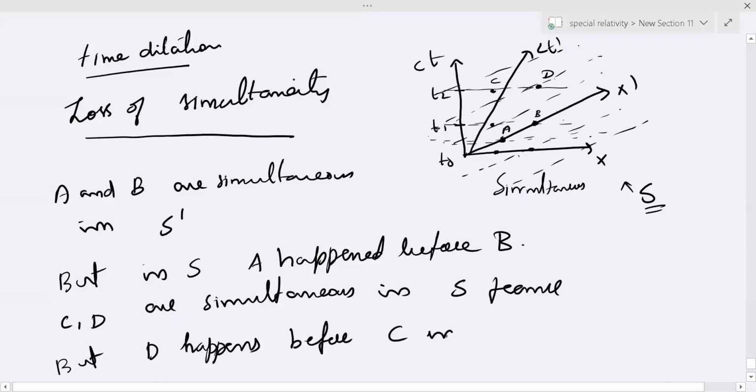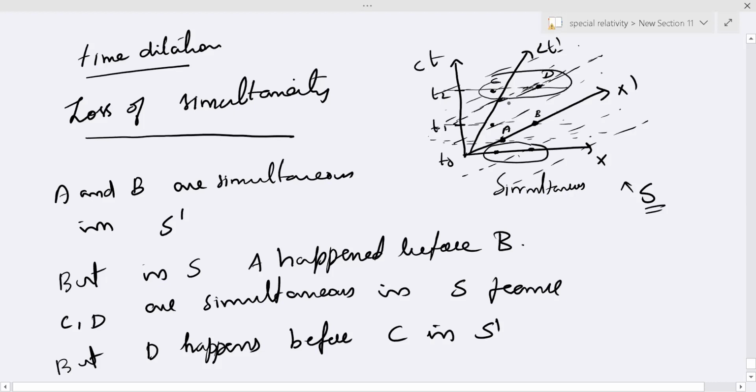This is the time axis, and this is the x prime axis, so D happens at an earlier time and C at a later time. These are examples of space-like separated events.